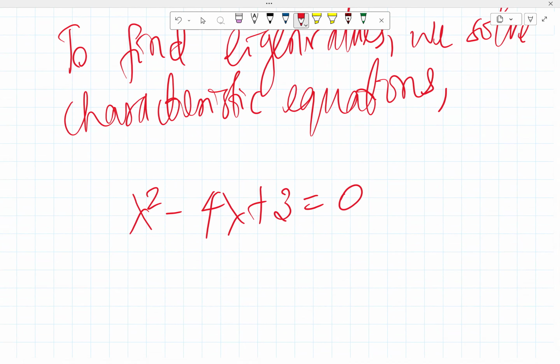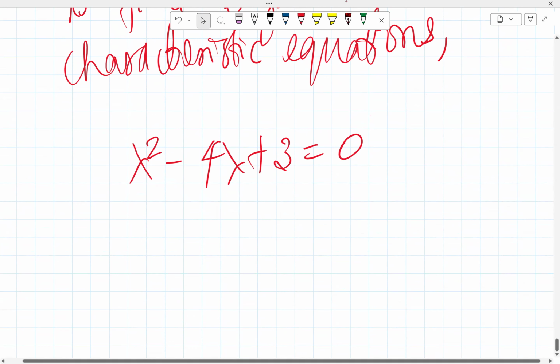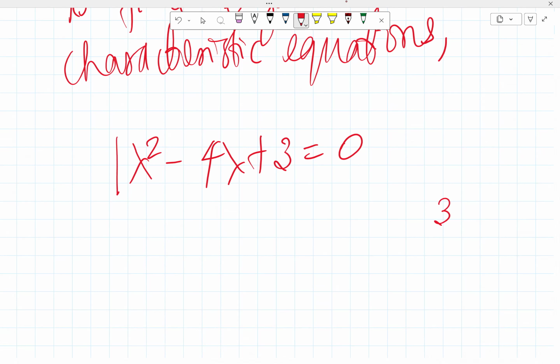Here it's quadratic, so we can factorize. We need two numbers which, when multiplied, give 3 and when added, give minus 4. The coefficient of lambda squared is 1 and the constant is 3, so they have to be factors of 3: 3 times 1.